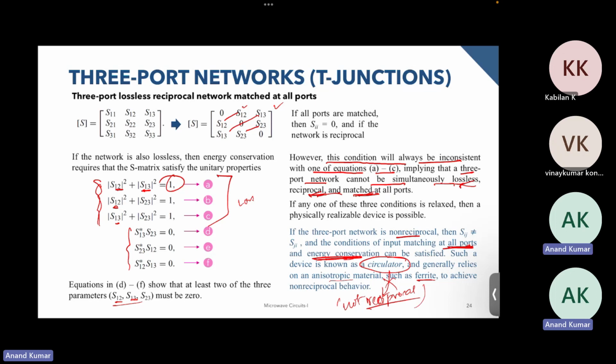So before we start discussing a design of a circulator, any questions or doubts from what we discussed now?